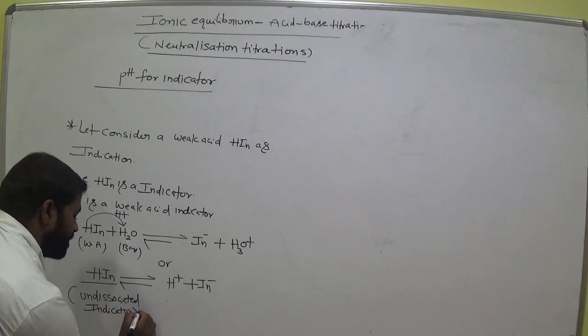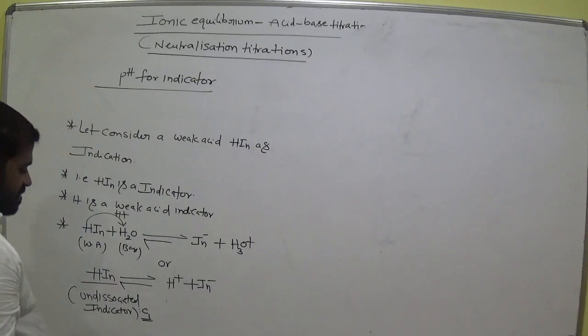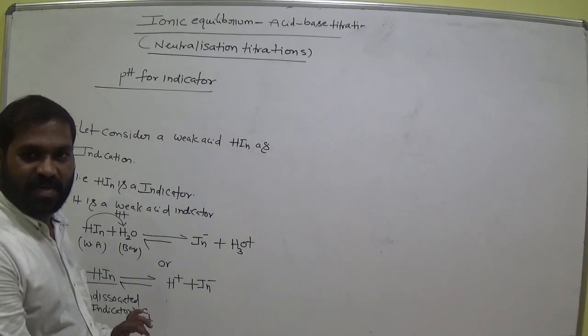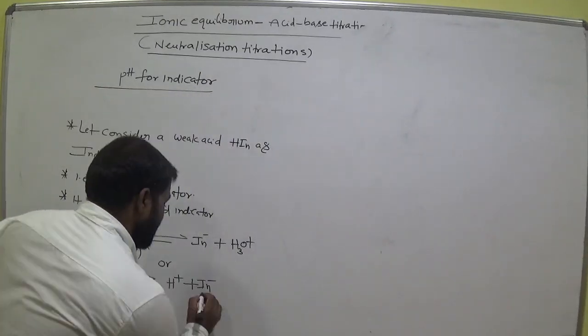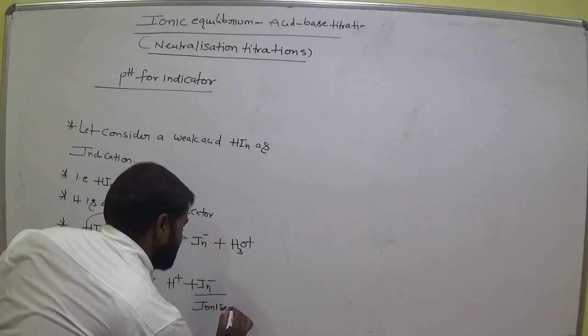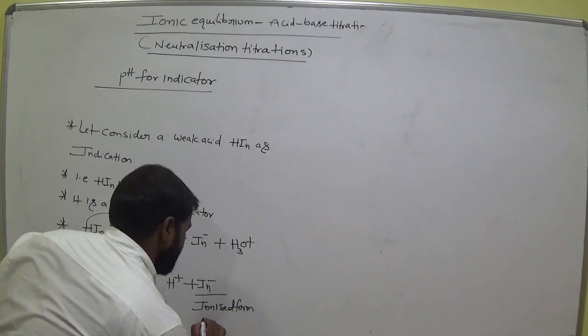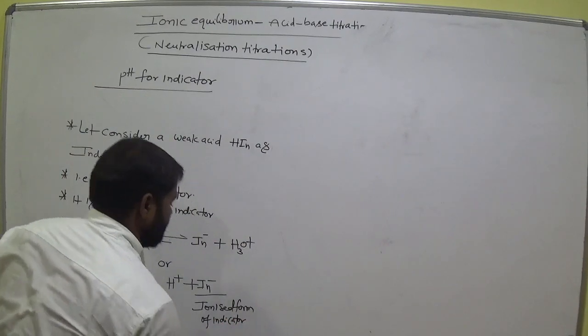Suppose its color is represented as C1. What is the color? C1. Suppose the color is C1. It has a particular color that we take as C1. Now this is the ionized form of the indicator.